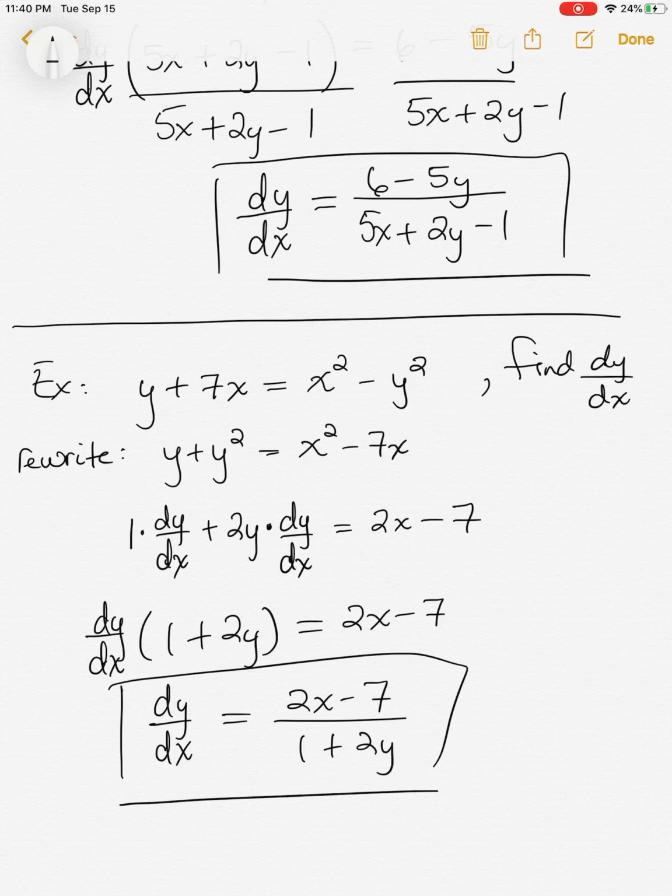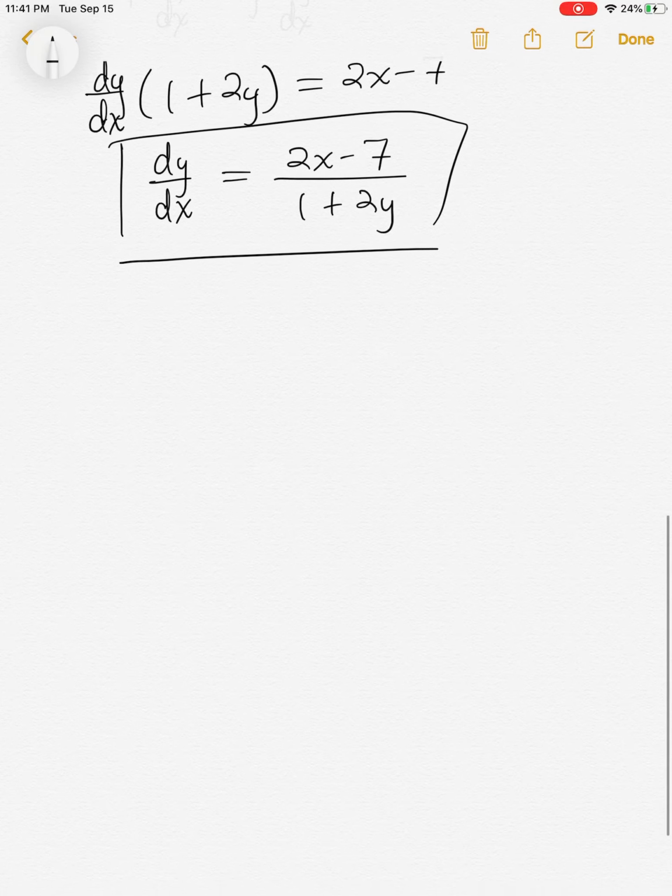Much simpler example. Hopefully that one helps you see what's happening with the implicit differentiation. Whenever they toss in product rule and chain rule all inside of implicit differentiation, it can get really ugly really fast.